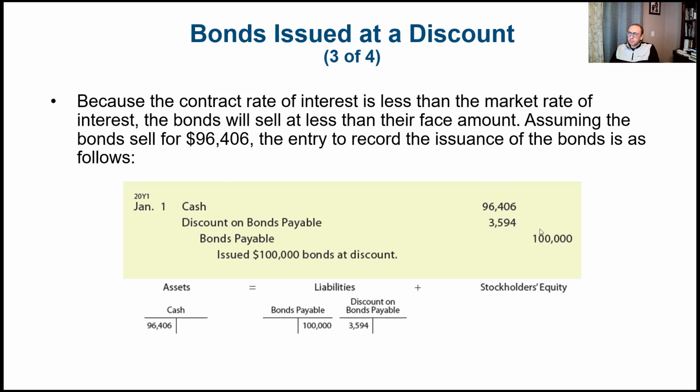We're going to credit bonds payable for the full amount, because after 5 years we have to pay the full $100,000. And the discount on the bond would be the difference between these values, a plug-in amount. And remember that discounts are always recorded when issuing the bond on the debit side. In the case of a premium, it goes on the credit side.